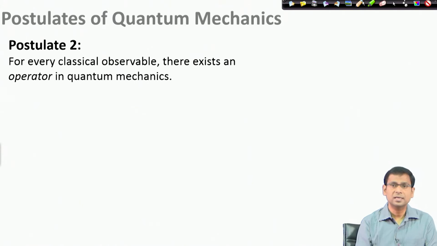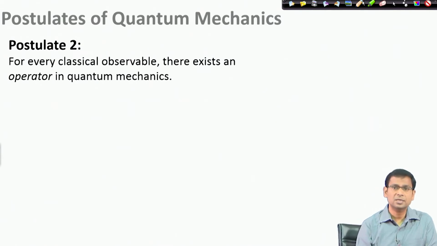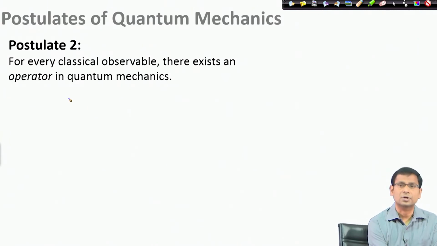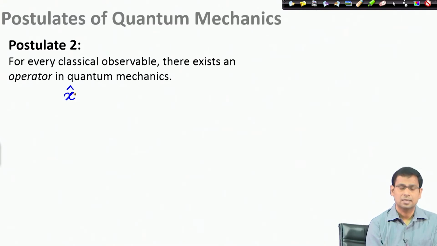In quantum mechanics, as the second postulate said, we have an operator for every classical observable. Now, in classical mechanics, when we have prepared a system, we would perhaps want to know a few dynamic observables about that system. For example, one common thing that we are always interested to know is what is the position of the particle. So, position is given by an operator x. Any operator in quantum mechanics is denoted by a hat on top.